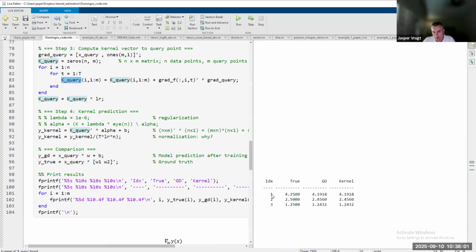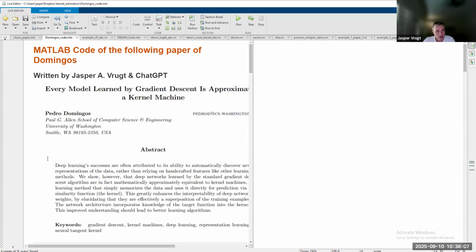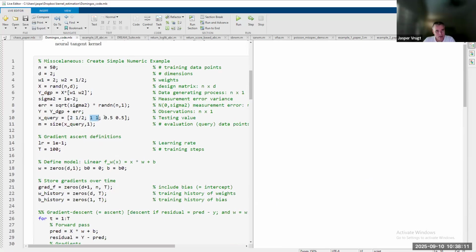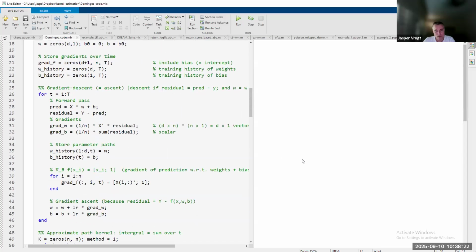So this is the training samples, and these are the query samples, the evaluation points. Remember, I had 3 evaluation points. Here they are: this is the first, this is the second, this is the third. This is actually out of sample, because my inputs are only between 0 and 1, and I'm going out of sample. It's interesting to see what happens. So here's the result.